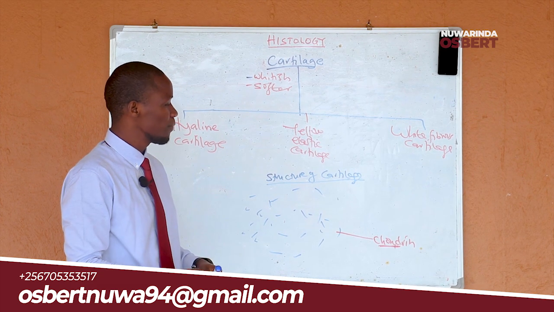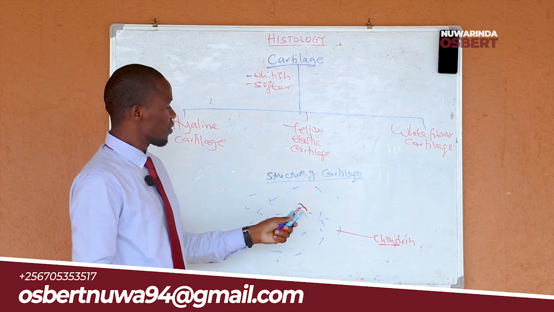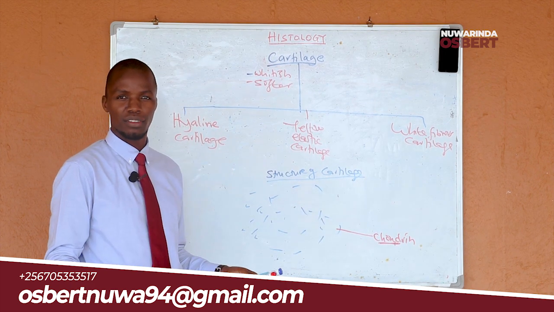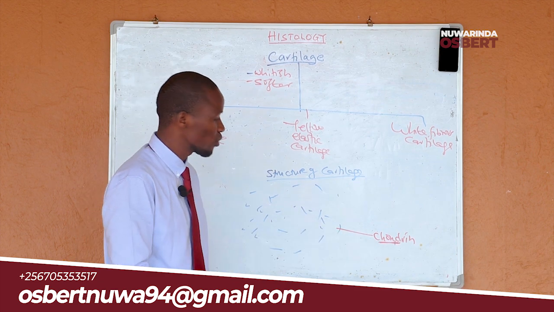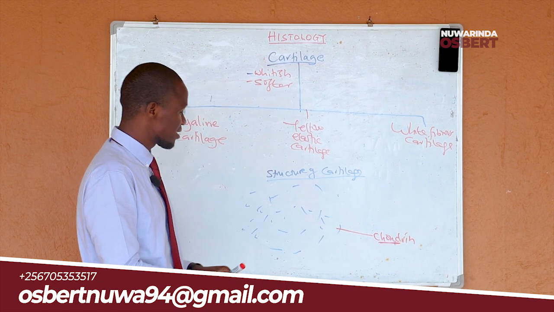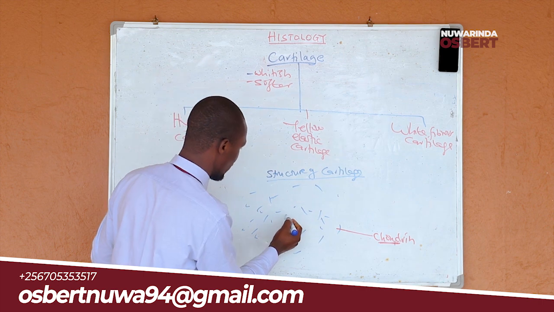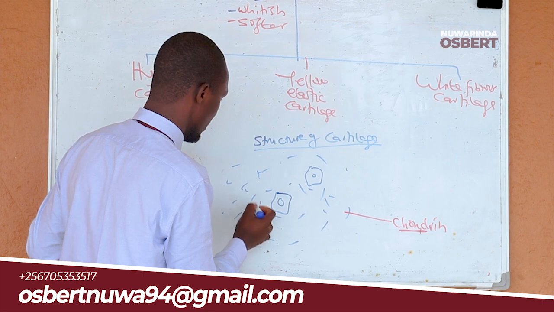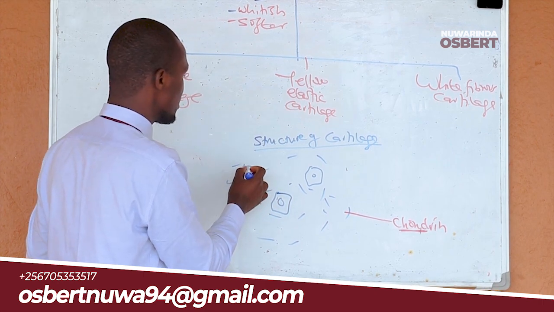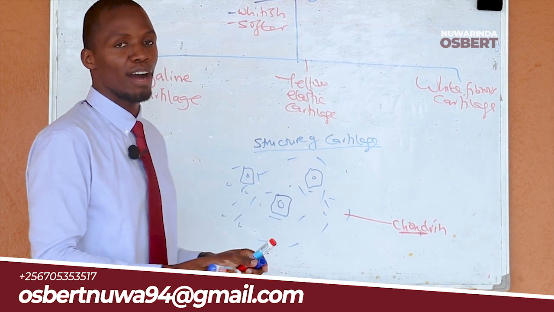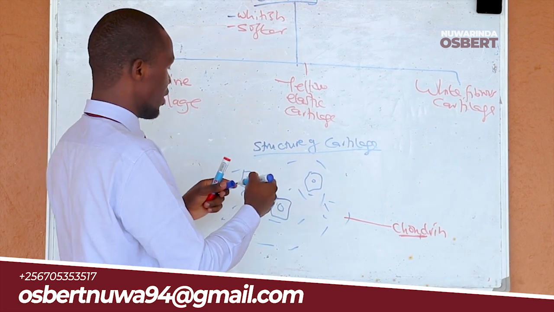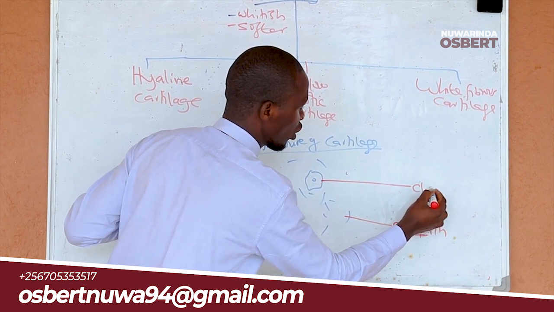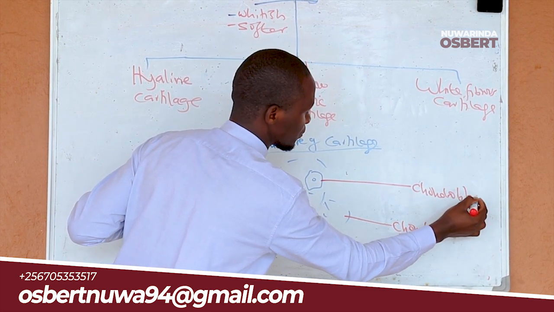Now, like any other connective tissue, within this matrix we find different cells and different fibers. Within this matrix, we find some cells. And what are these cells? We have got cells which are like this. If I can draw a small illustration here, I have a cell there, a cell there, and a cell here. Now, these cells found within the cartilage have a special name. From the word chondro, these are called chondroblasts.